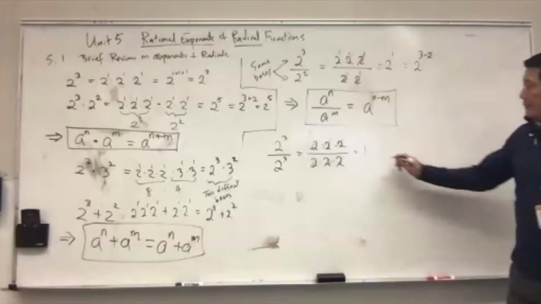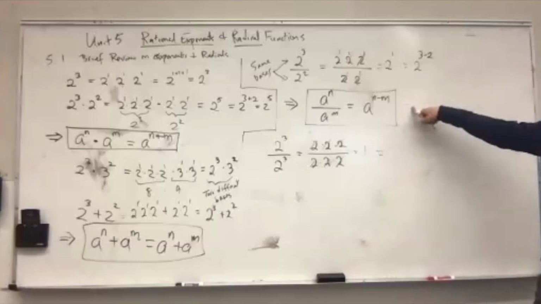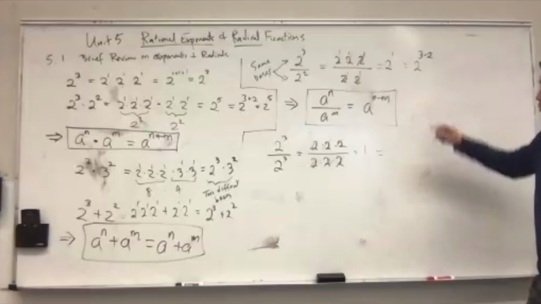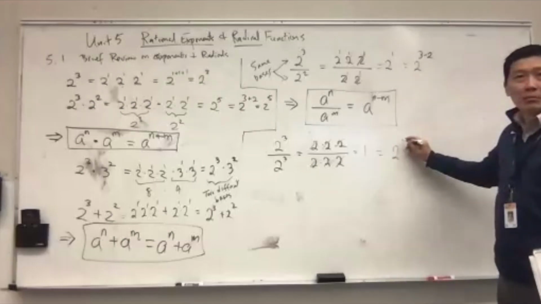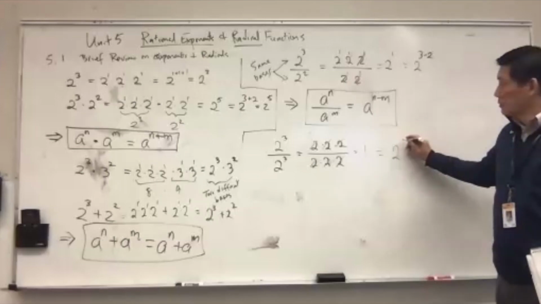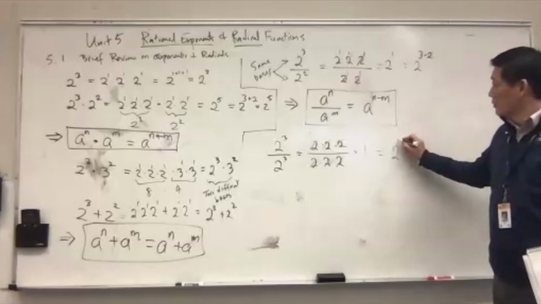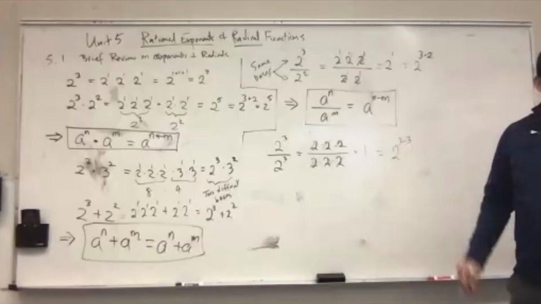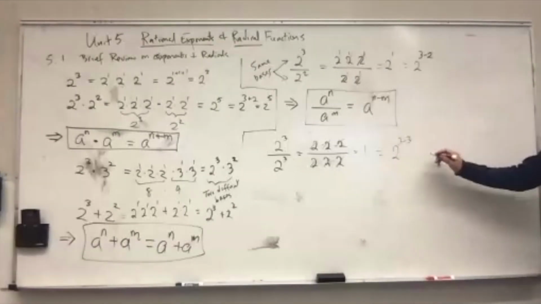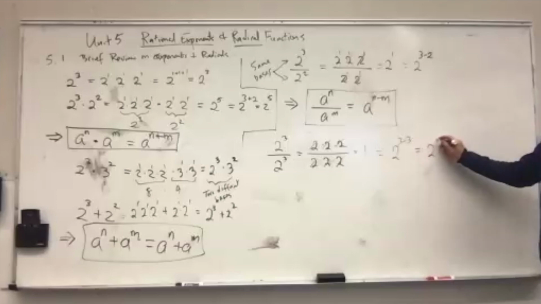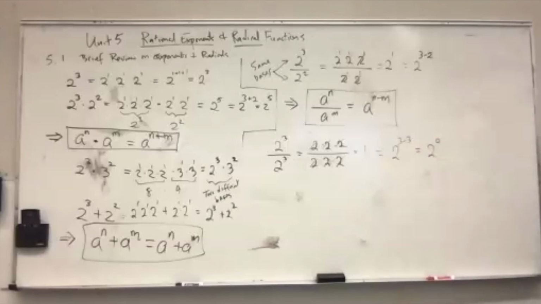But if I want to use this rule that we just came up with, it would have been 2 to the power of what minus what? 3 minus 3, isn't it? It would have been 2 to the power of 3 minus 3, and this would have been 2 to the 0 power.